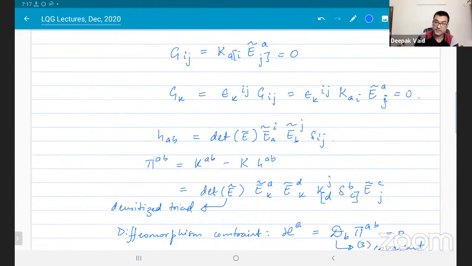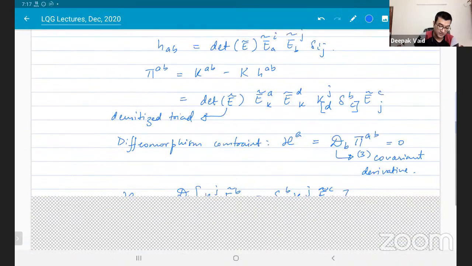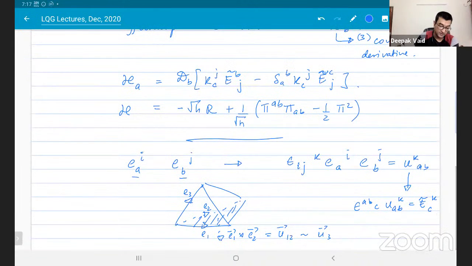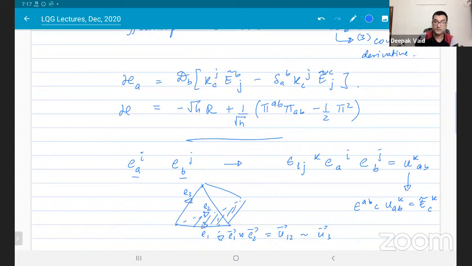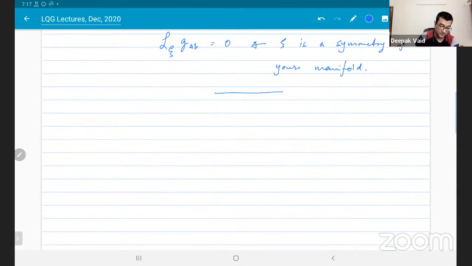So in terms of the densitized triad, the Gauss constraint can be written in this form again, and the diffeomorphism constraint again takes some form which involves products of the extrinsic curvature one form and the densitized triad, and the Hamiltonian which has this form in the ADM variables.